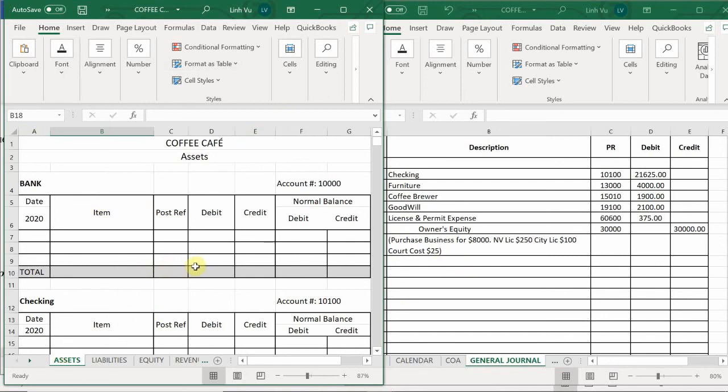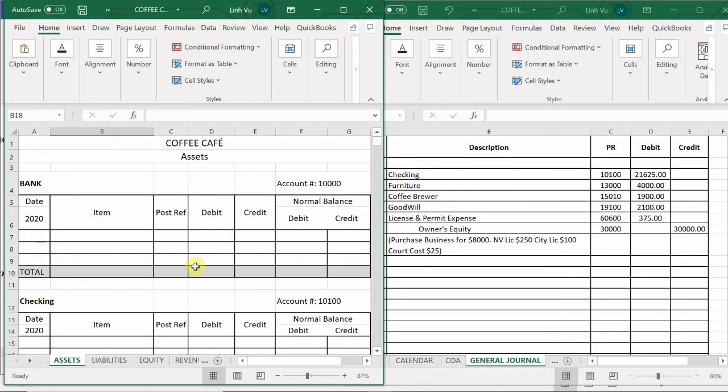And what I'm going to do is go ahead and look for them. In this case, it's easy to look it up because there's not that many accounts. Now, if you're in a corporation that has millions and millions of transactions, then you need to find some kind of method to look up these accounts.